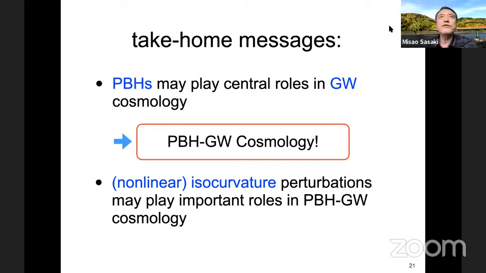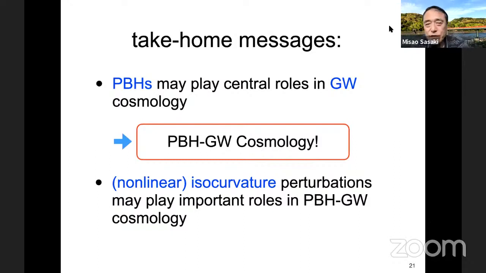So if you just assume that your inflation is just single field, let's say slow roll, then it's not so easy to configure a model where you have a fairly sharp peak at small scale. But as soon as you introduce a secondary field, and this has been studied a lot in the past, the so-called two-stage inflation, or I don't know whether this is the proper naming or not.